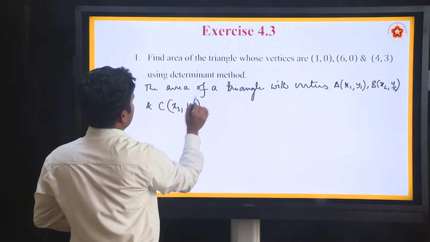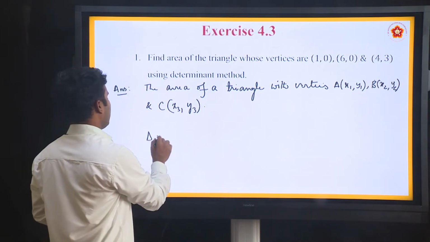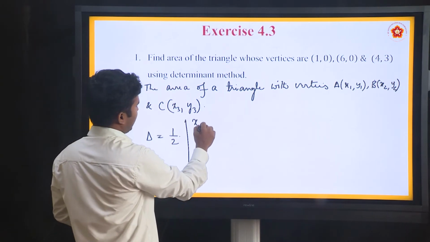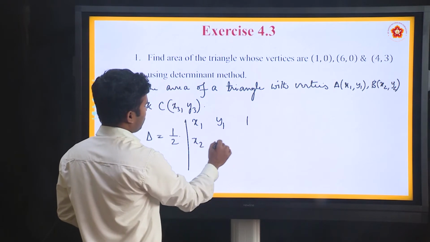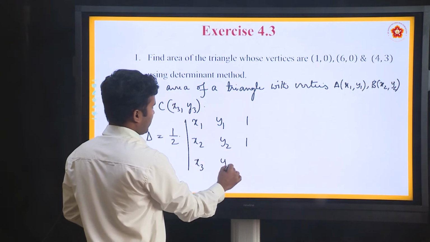Okay. See, these are the vertices. So, what is the formula? Delta, which is equal to 1 by 2 into determinant of x1 y1 1, x2 y2 1, x3 y3 1.